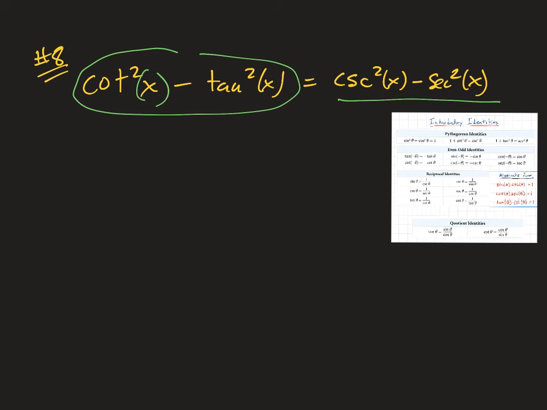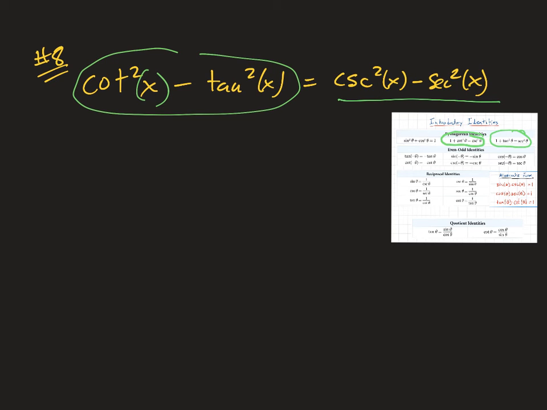For this one, I think we're going to have to use some Pythagorean identities. In particular, I'm going to use the 1 plus cotangent squared of theta equals cosecant squared theta, and the 1 plus tangent squared of theta equals secant squared of theta. I'm going to have to write them in a different form, though.